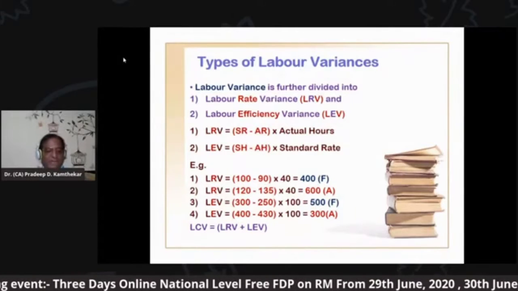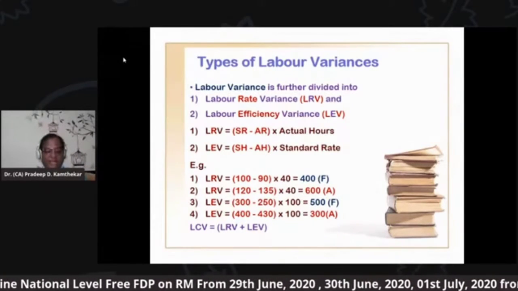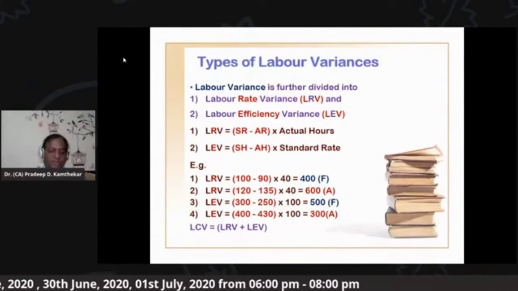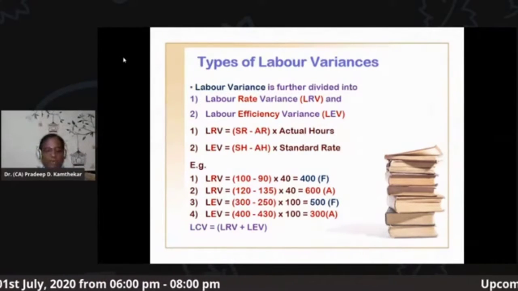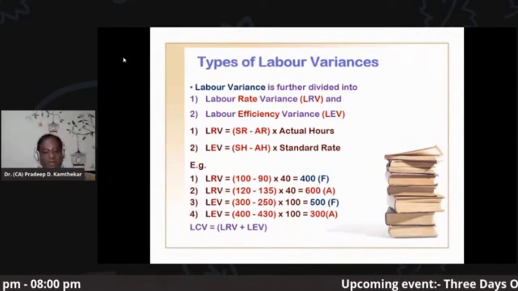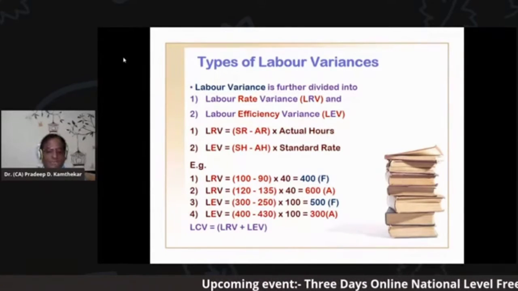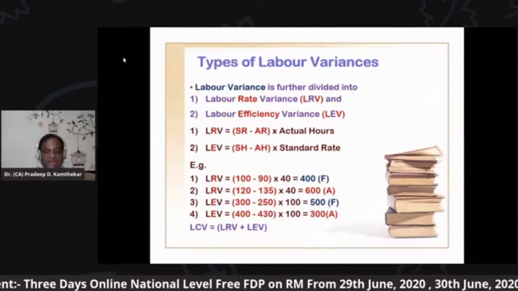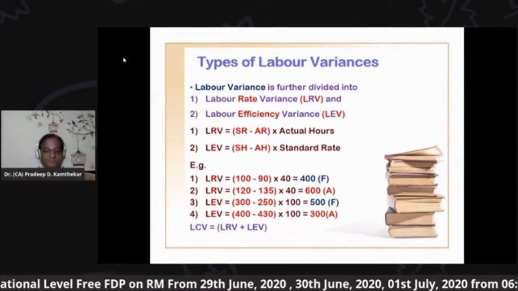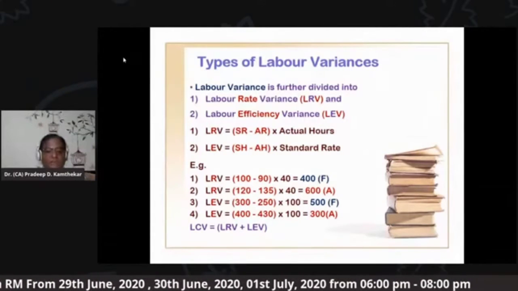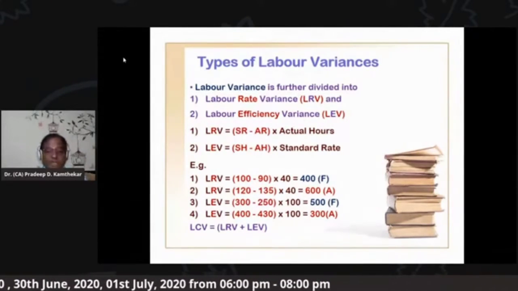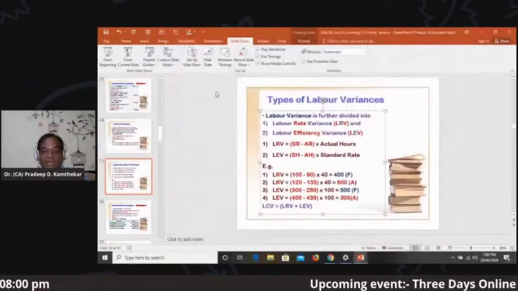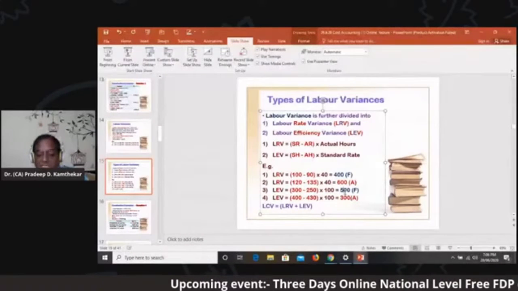In the third example, labor efficiency variance, we compare standard hours and actual hours. Standard hours means 300 hours were to be worked by the workers, but actually they worked for 250 hours and completed the production. So here the business has saved 50 hours of the workers, and at the rate of say 100 rupees that they were to pay, the amount saved by the business is 5,000.